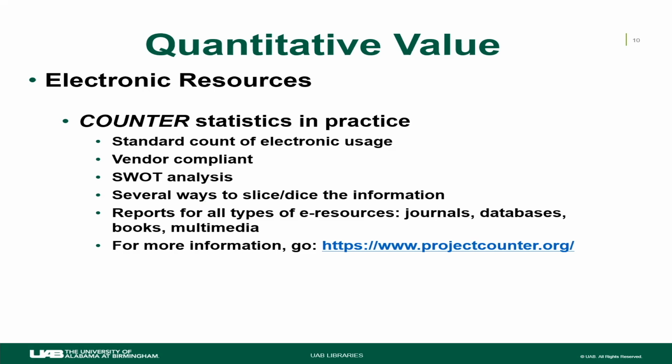Are they all listed in the same thing? Are they going from here? So there may be a piece of it that may or may not be standard across everything. Is the vendor compliant? You may have a small press, especially in one of the professions, that they do not gather or provide counter statistics.